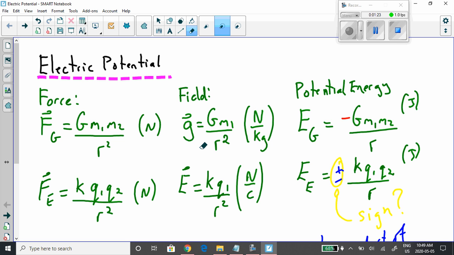Then we moved on to the idea of fields, trying to describe the effects of an object beyond its physical limits. So the Earth's gravitational field exists beyond the Earth, and it applies a force in newtons upon other masses around it. So, newtons per kilogram. And we've used this equation many times.